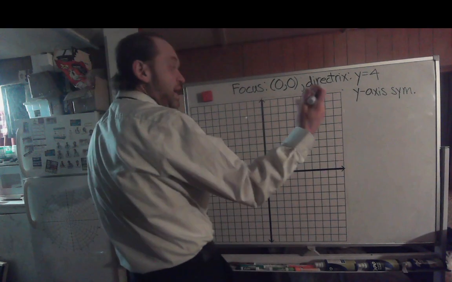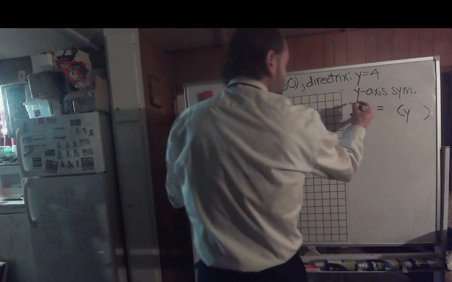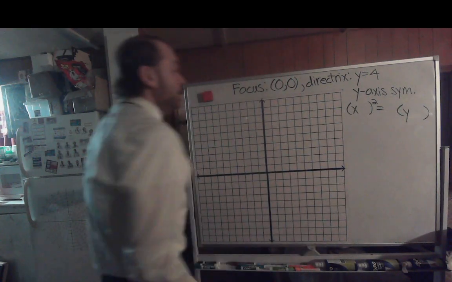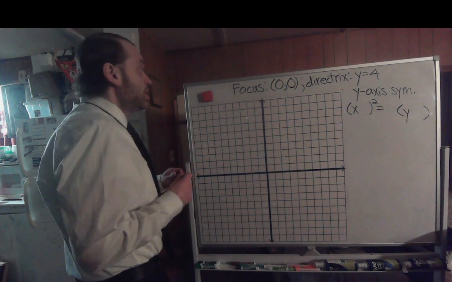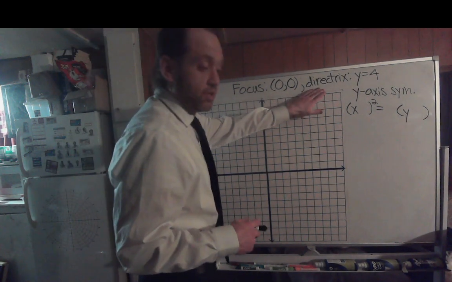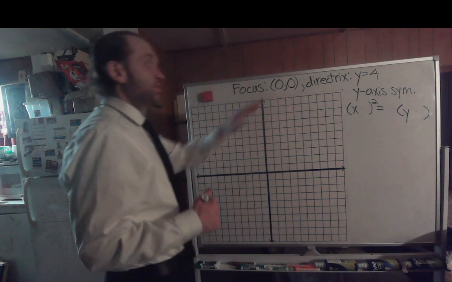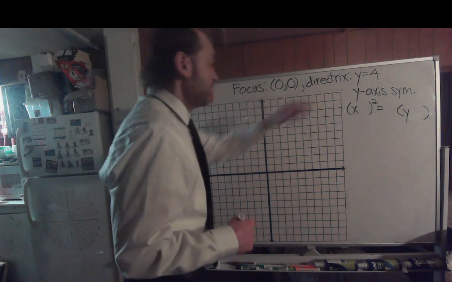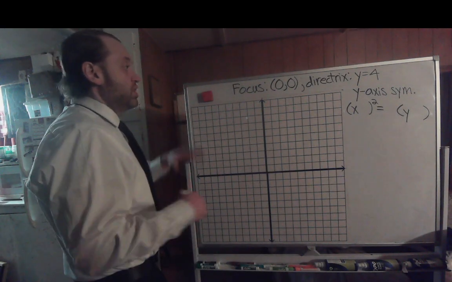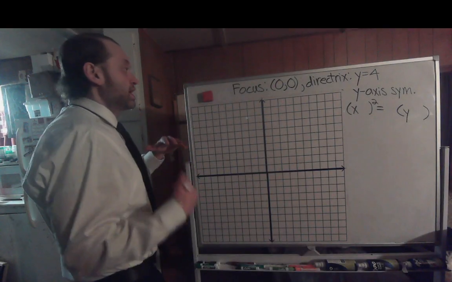That means your y to the first term will go to the right of the equal sign. So it'll be y minus something, which means your (x minus something) squared goes on the left-hand side. Again, what is true about the relationship between the focus and the directrix? The vertex of the parabola is directly halfway between them, and there's a change in the y direction.